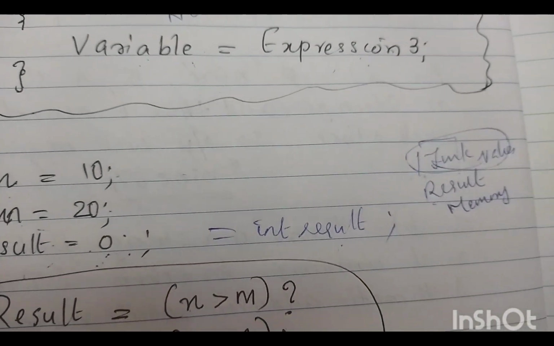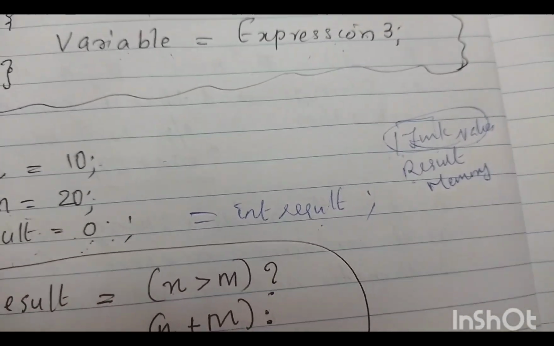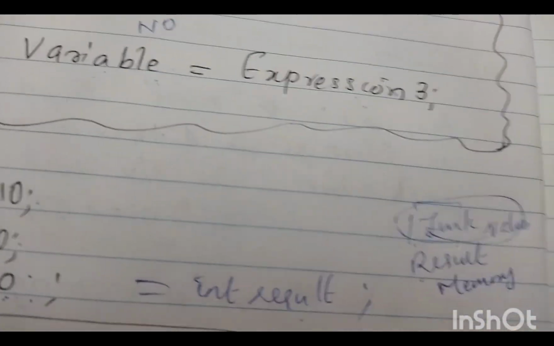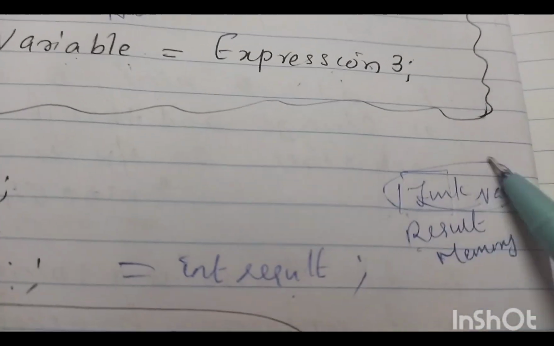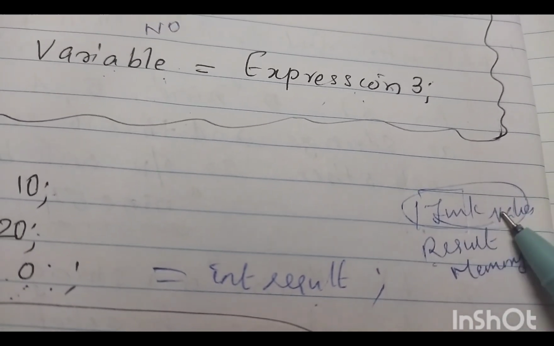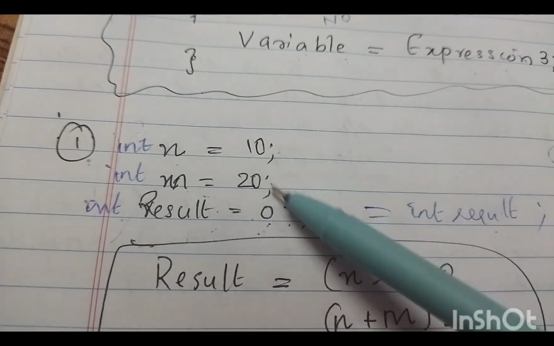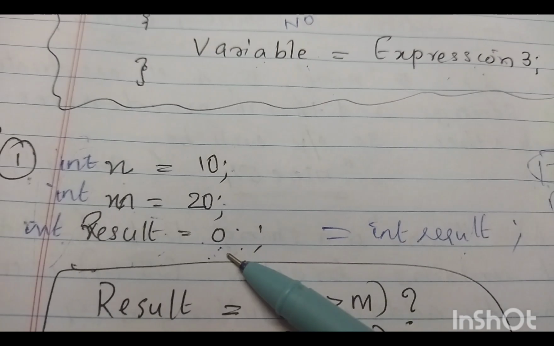Maybe the previous operation value or some other bubble sort value, whatever the value, maybe it will be stored with another value. So when our operation is proceeding, this result will be substituted with this junk value instead of a reset value. So we are resetting this to 0, so that a new value, whatever we are giving, will be stored in this result. That is the use of int result is equal to 0 initialization.